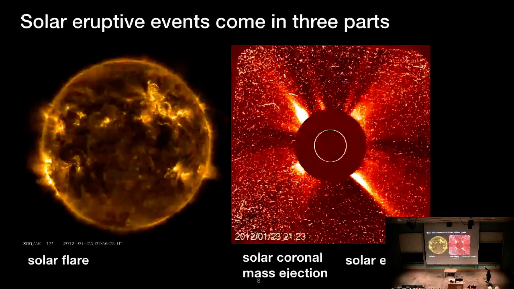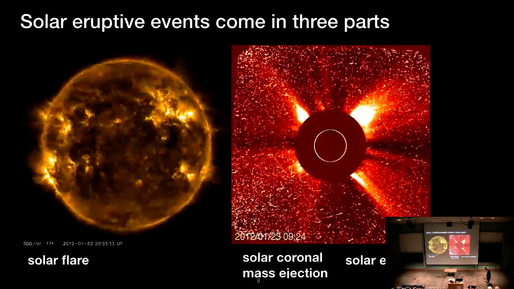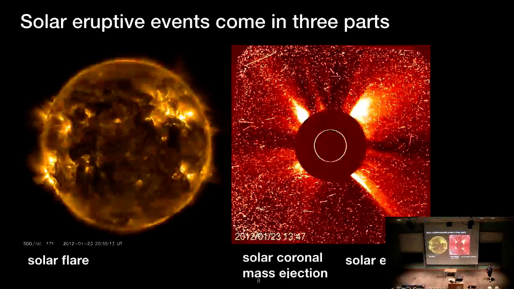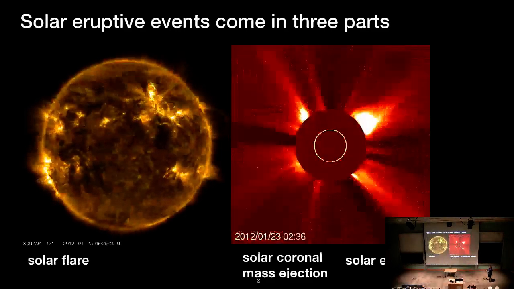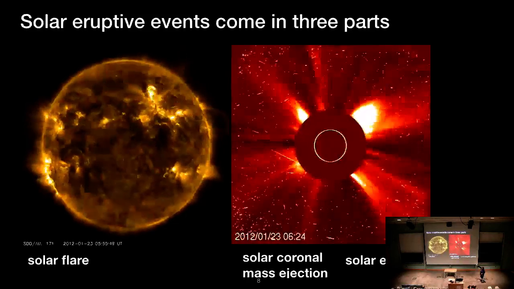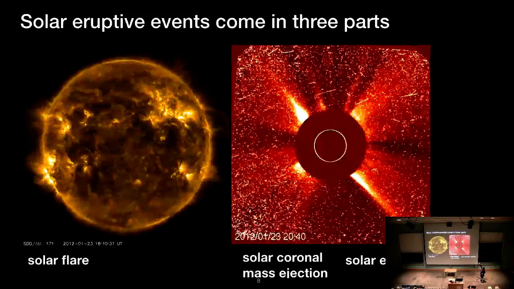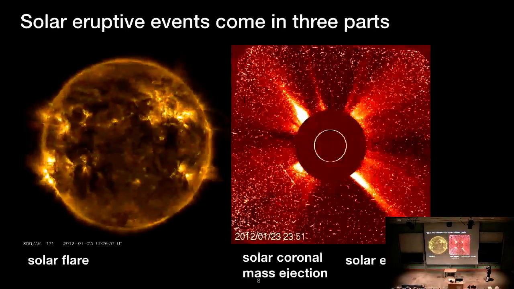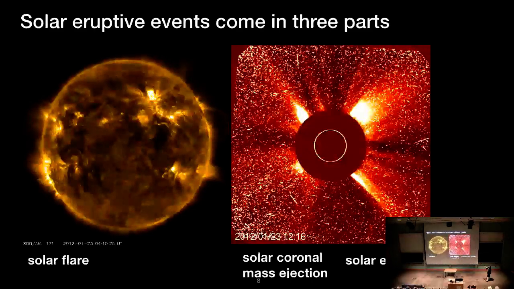So you can see in the very beginning there's a loop-like structure here that explodes. We're looking at size scales of multiple solar radii. This is an expulsion of mass from the corona that starts way down here and propagates out into interplanetary space. That's the coronal mass ejection.